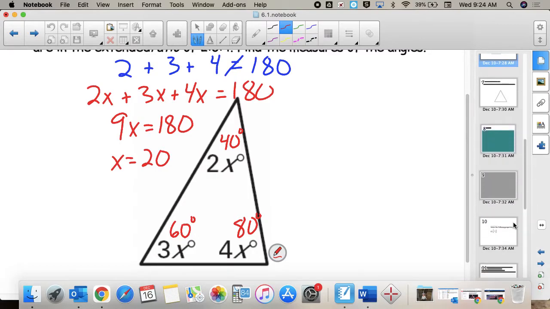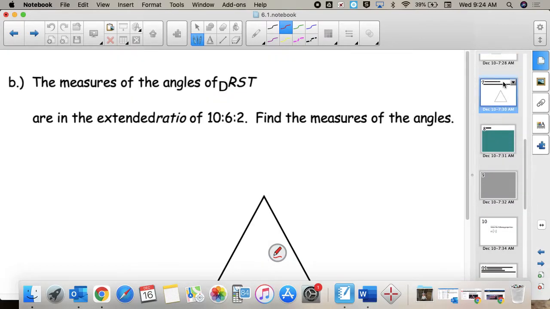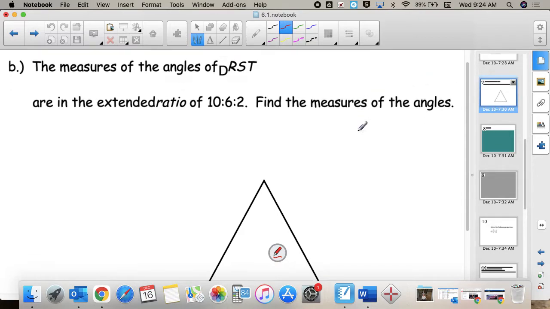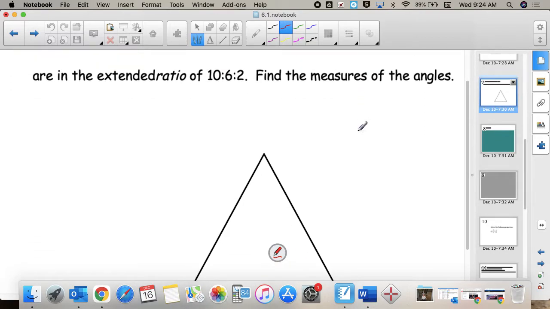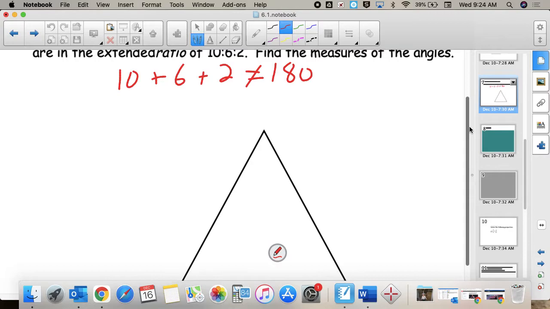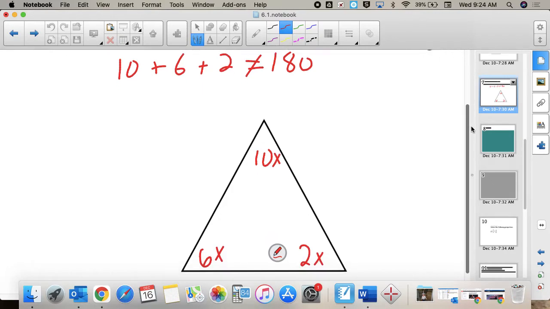Very similar in B then. B says now my extended ratio is 10:6:2. Well, once again, 10 plus 6 plus 2 does not equal 180. They are saying some multiple of it will, though. So it is 10x. It is 6x. It is 2x as the measurements of your three angles.